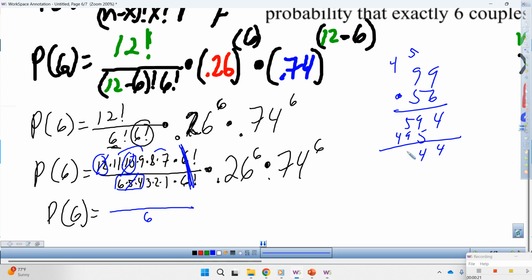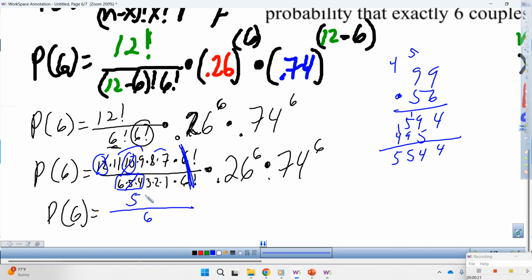4, 4, 5, 5. What is it? Let's see, 4, this is 14, yeah? 15?